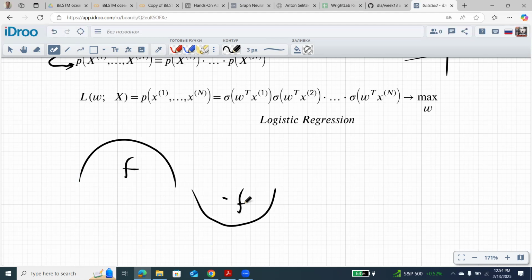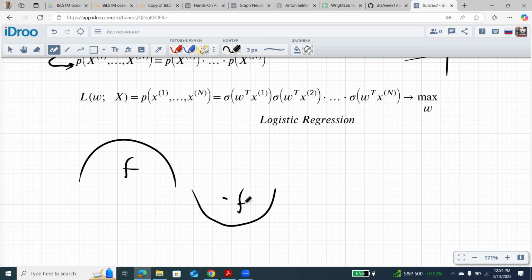Just one question. Do you know which function is called convex and which function is called concave? Yeah, this is convex and this is concave.